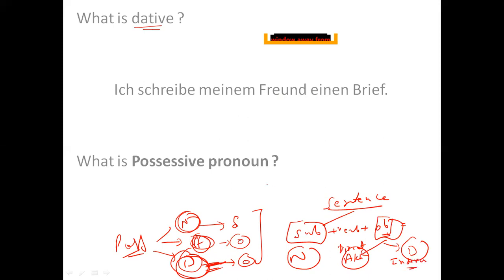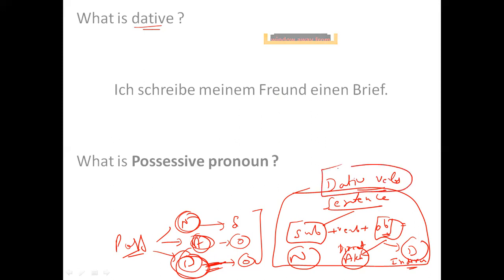And about this we have discussed in detail when we were doing dative verbs. If you have any doubt regarding this structure, I would suggest you to revise the dative verbs notes, right? Then you will have a clear picture on that. But now, if it is clear to you, then we can proceed.